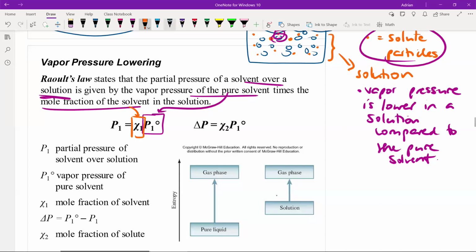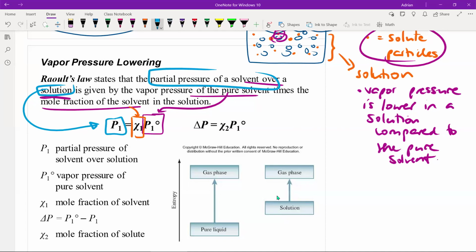The partial pressure of the solvent in that situation would be in blue, and that's the thing on the left side. So there's an equation that we can use to calculate what the vapor pressure of a solvent in a solution is, if we know what the mole fraction of the solvent is, and what the vapor pressure of the pure solvent is at a particular temperature.